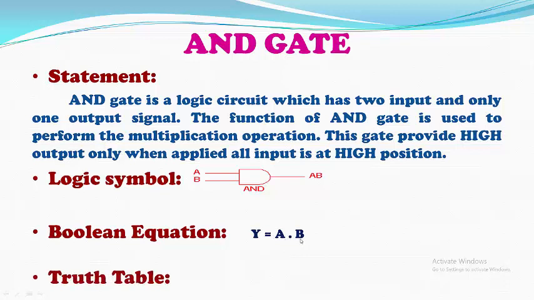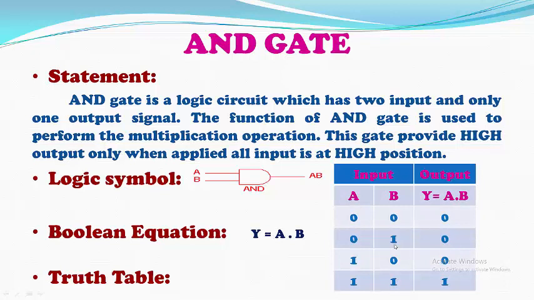Now we will see the third factor for the AND gate, that is the truth table. Again, we have to calculate the total possible combinations of this truth table, and that depends on the total number of inputs. For this AND gate, we have 2 inputs A and B, that is n is equal to 2.